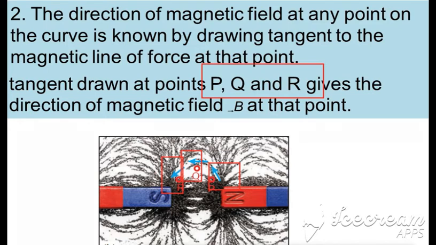They are the tangent. Tangent means any exterior line. So that gives your direction. So direction of the magnetic field is known by drawing the tangent to the magnetic lines of force. Okay, so if you draw the line to the magnetic lines, that gives your direction. Direction is found by drawing the tangent.